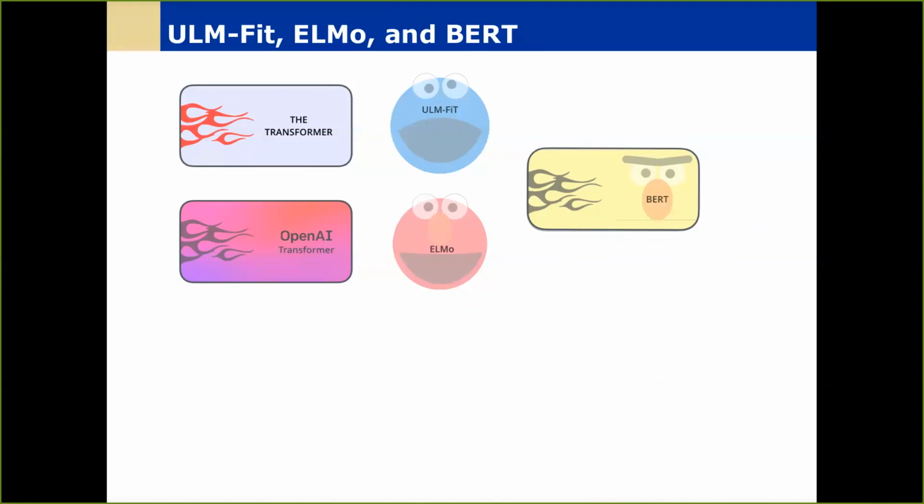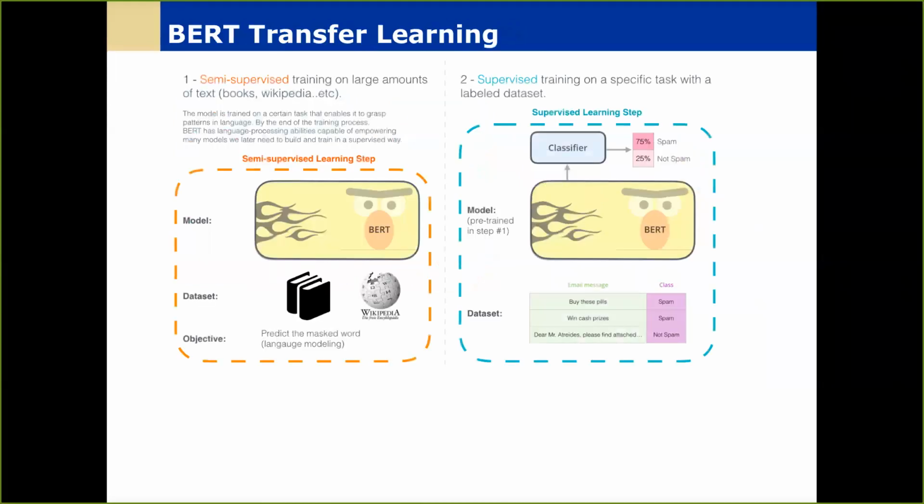So BERT is building on top of those and expanding them. Now, let's talk about how we can use BERT for transfer learning. BERT is a model that has been trained on a data set of natural language text.